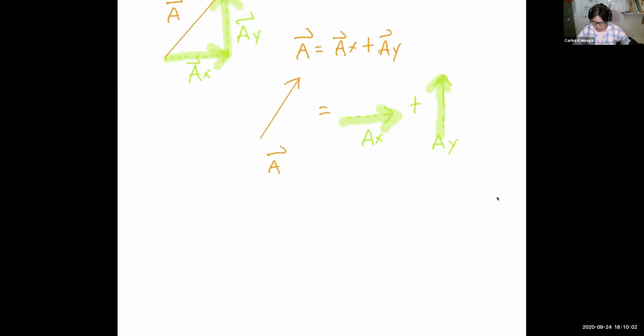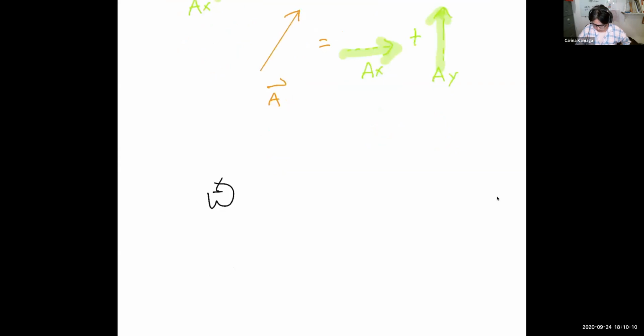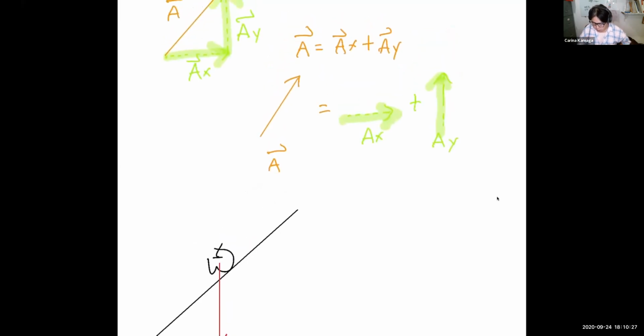Here what we have is the gravitational force on the incline. So the apple on the incline, right? And the gravitational force is vertically downward. You can decompose the vector into AX and AY like this, or you can even decompose into perpendicular and parallel.